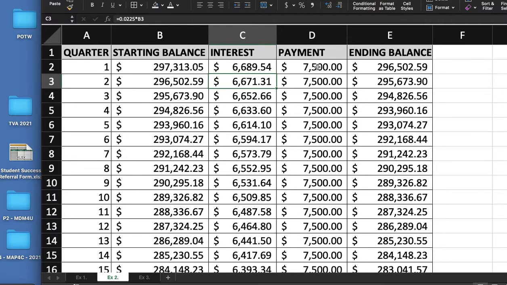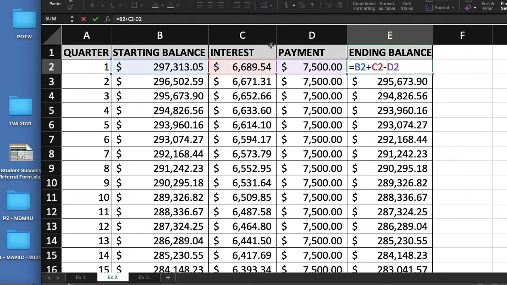The payment will always be $7,500 because we determined this present value based on what payment we wanted to receive. And the ending balance is made up of your starting balance, to which you add the interest because that's how much is in the account that you're drawing from. And the payment that is to us, we're taking away from the total because we're talking about the total amount that is in the account, our pension at this point.